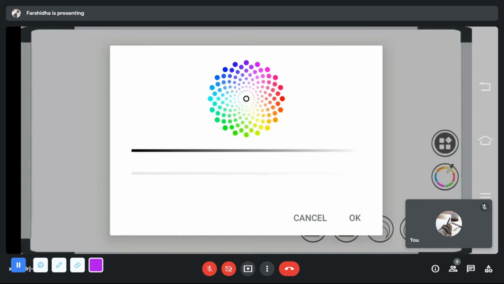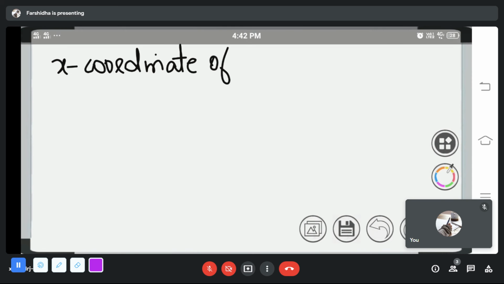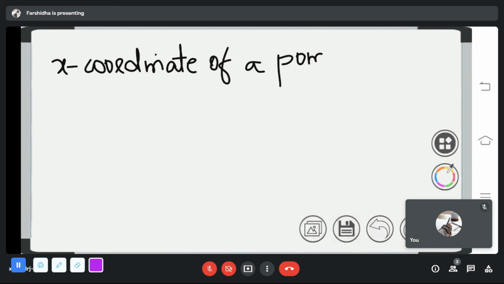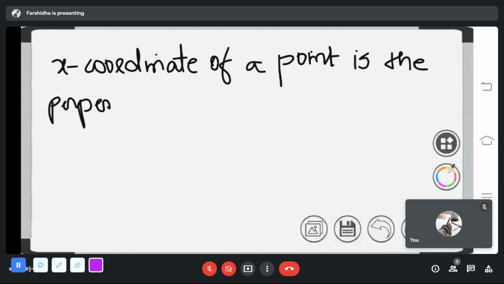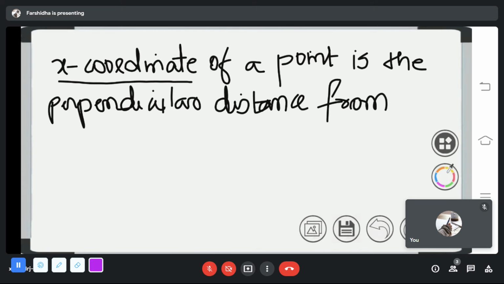So you can write: x coordinate of a point is the perpendicular distance from the y-axis, because it's the x coordinate.